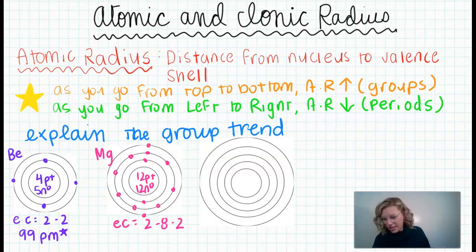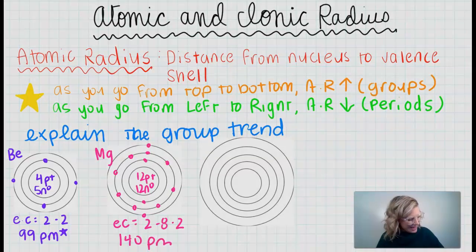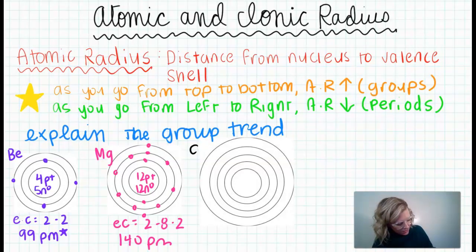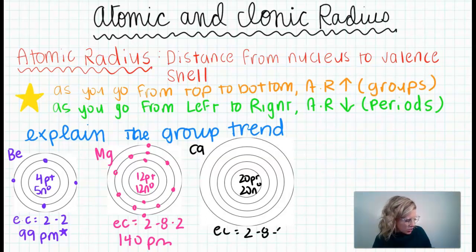Our atomic radius for this is 140 picometers. Okay, and then let's go ahead and do our last, which is going to be calcium, and it has 20 protons and 20 neutrons. Okay, electron configuration is 2-8-8-2. The size for this is going to be 174 picometers.